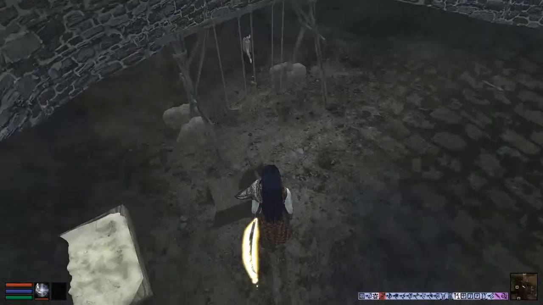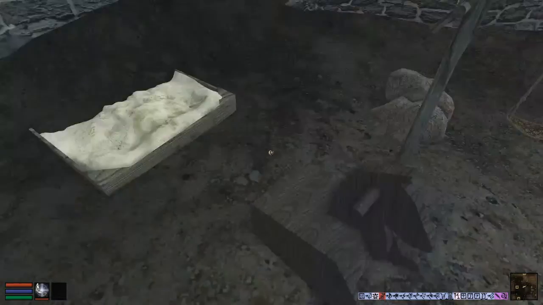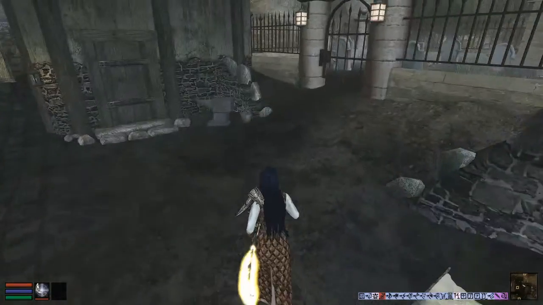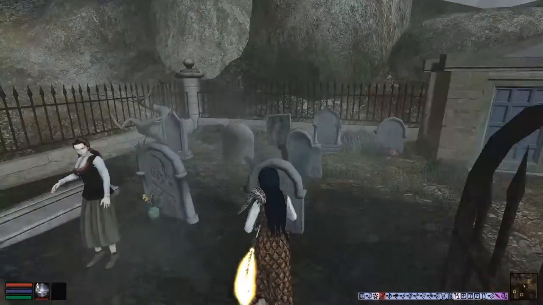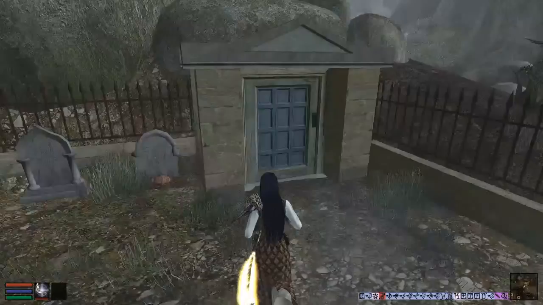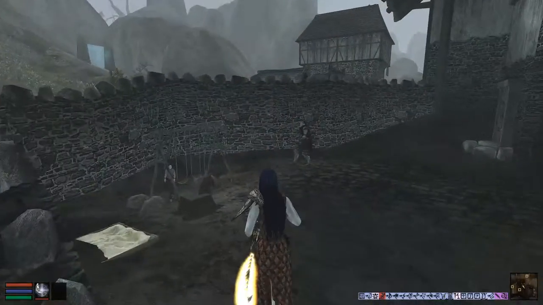Oh, and this is one thing I always do just for fun. It's a graveyard from the Barabus graveyards.